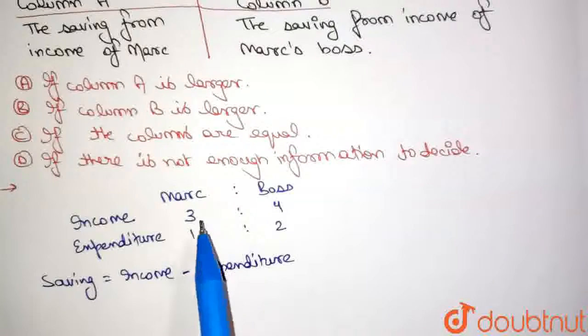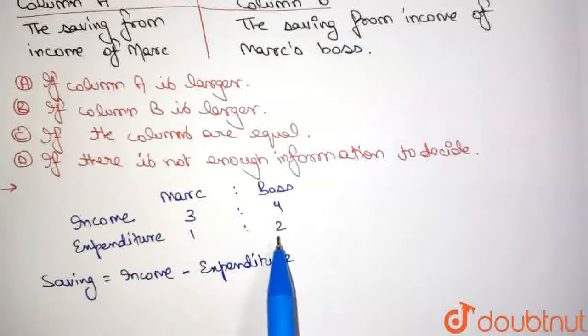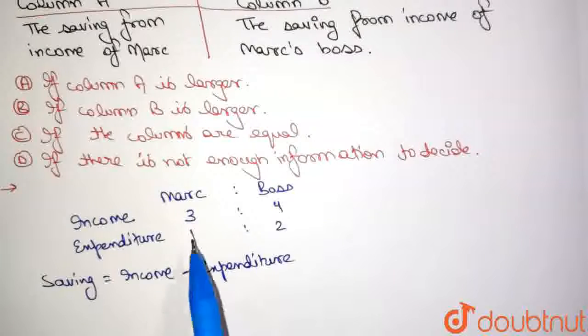Now whenever something is represented in the form of ratios, we can say that they are actually equal to some other value, but only the ratio is given to us. So this is not the exact value. We cannot say that income of Mark is 3. It is actually 3 times something. This is the concept of ratios. So we multiply them by a constant.